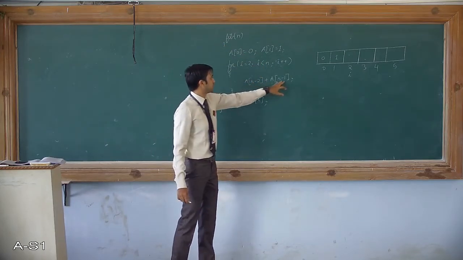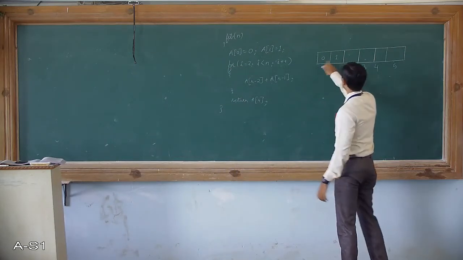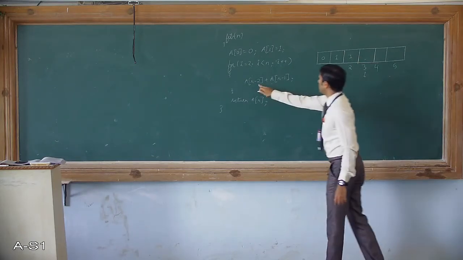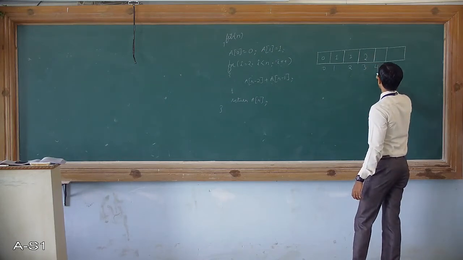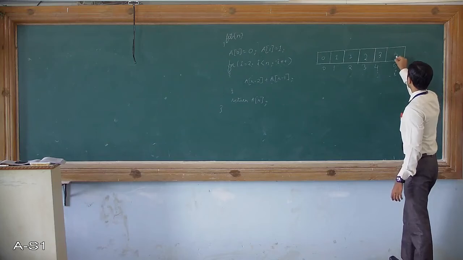N minus 2 plus n minus 1. This is n minus 2, n minus 1. So this will be 1. I plus plus. N minus 2 plus n minus 1. 1 plus 1, 2. I plus plus, 2 plus 1, 3. I plus plus, 3 plus 2, 5.